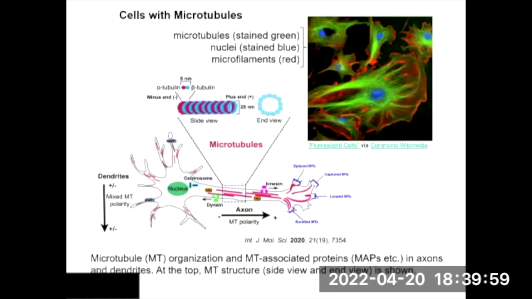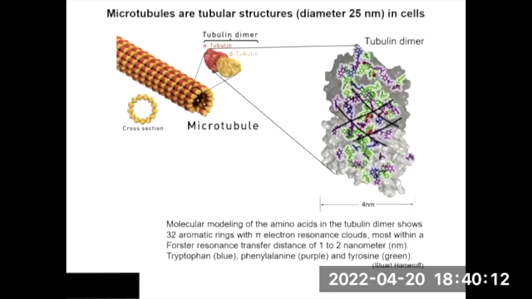So then you have microtubules in cells which are coupled by microtubule-associated proteins. A microtubule consists of tubulin proteins, and these tubulin proteins have a structure with amino acids, of course.